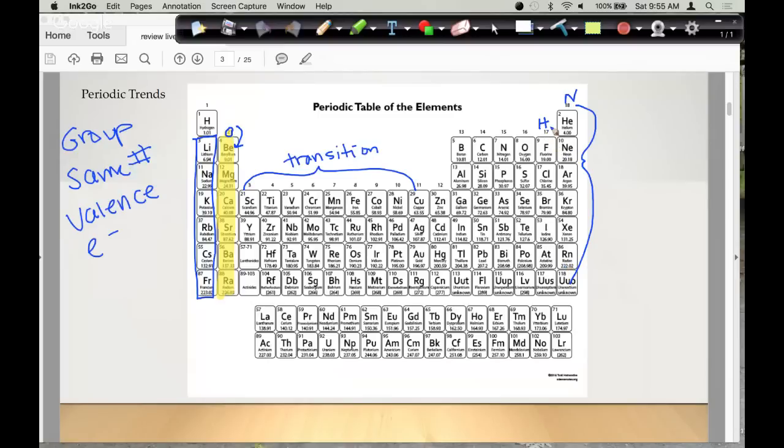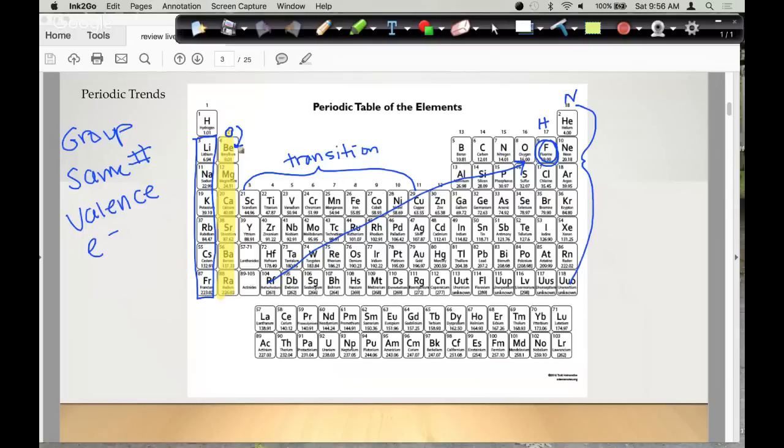For group 17, the halogens, these are our most active nonmetals, and in fact, fluorine is the most active nonmetal. So the closer an element gets towards fluorine, the more nonmetallic that element would be considered, and that would also be a more active nonmetal the closer we get to fluorine.